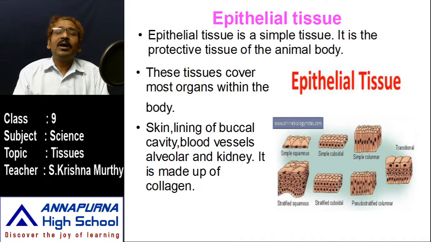It protects us from the external environment as well as the internal environment. Our body is protected by the epithelial membrane or epithelial tissue, and most of the organs are enclosed with epithelial tissue. What is meant by most of the organs?